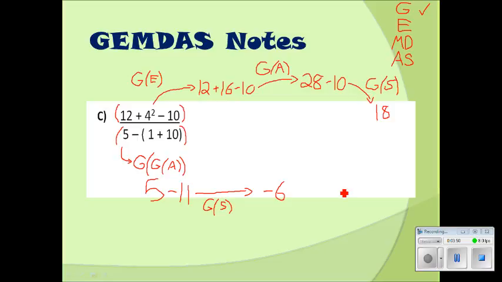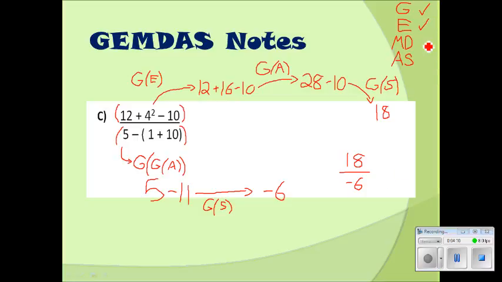After solving my numerator, I have an 18 with this fraction bar, and in my denominator, I have a negative 6. This is not fully simplified yet. 18 over negative 6 means I need to divide.